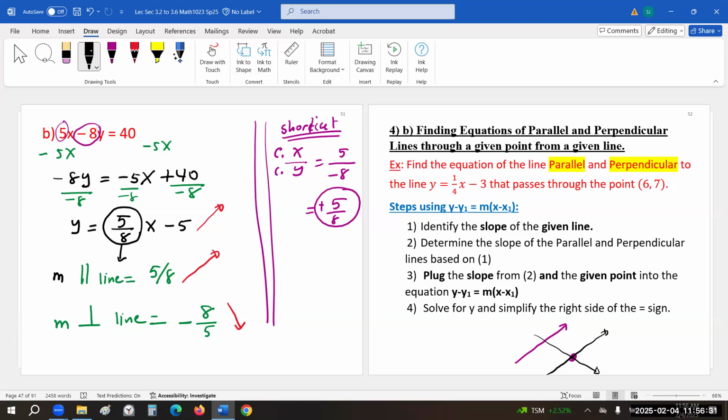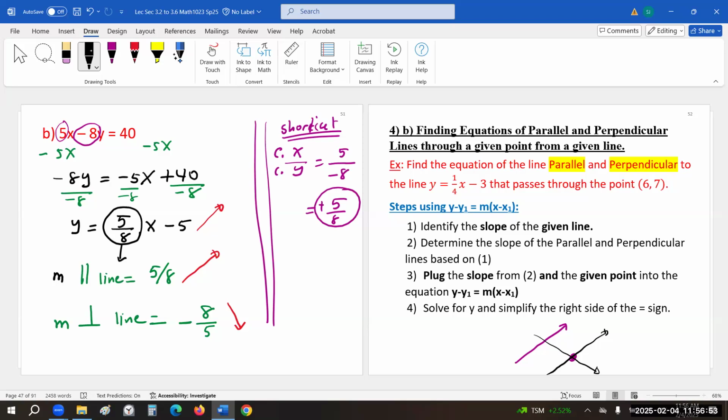In our case, do you see the slope directly? Yep, you're lucky. So you don't have to do that step. We simply get the slope of this line. The slope of this line will help us write the slope of its parallel line, and they already give us a point.